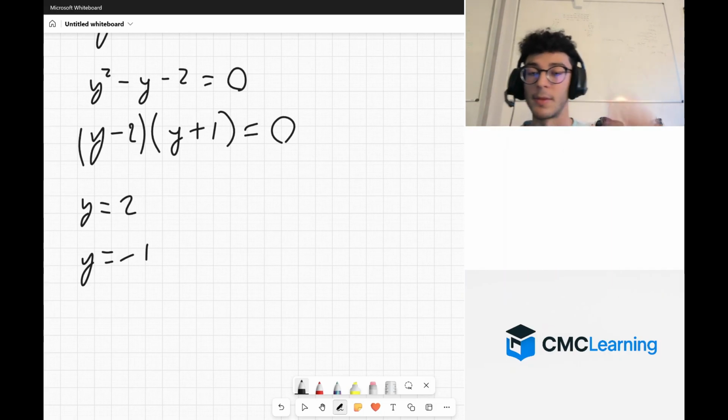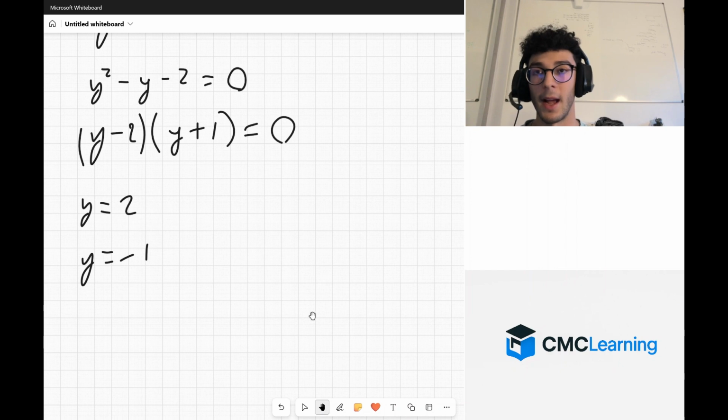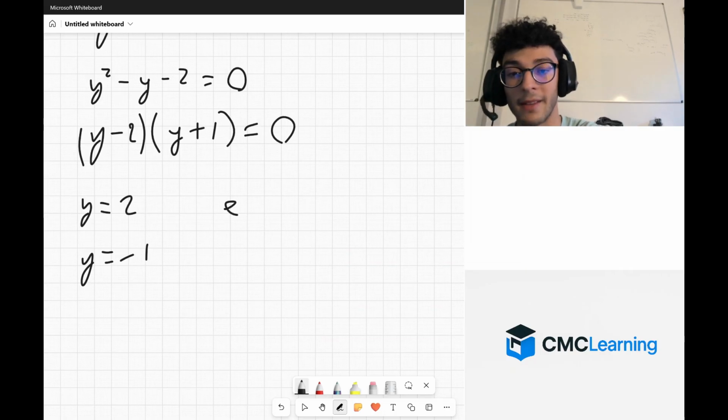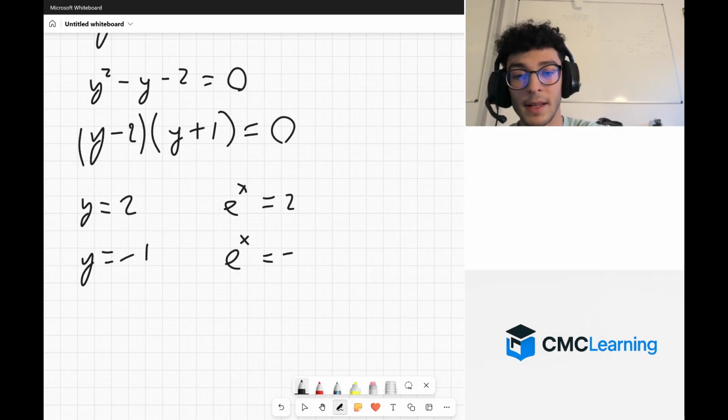So that's when that bracket on the right is equal to 0. What we should do now is resubstitute our term in. In this case, we set y equal to e to the x. So let's go ahead and resubstitute that in. So here we have e to the x is equal to 2. And just below this, we have e to the x is equal to negative 1.